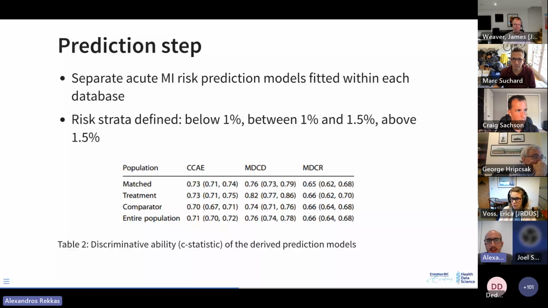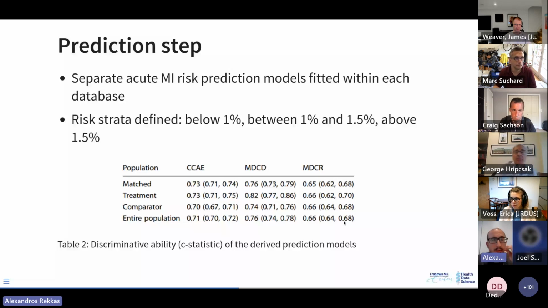The low risk patients that are below 1% acute MI risk, the intermediate risk patients that are between 1 and 1.5% baseline risk of 2-year acute MI, and the higher risk patients that go above 1.5% risk. From table 2, we see, in the final row, that our prediction models had adequate performance in CCAE and MDCD, and a little bit lower in MDCR regarding discrimination.